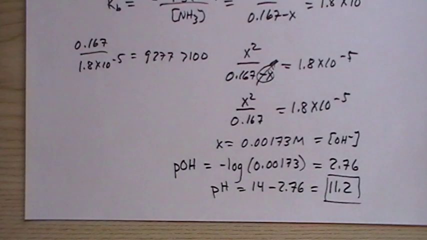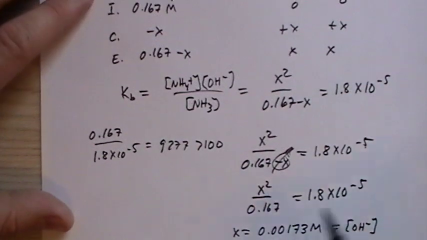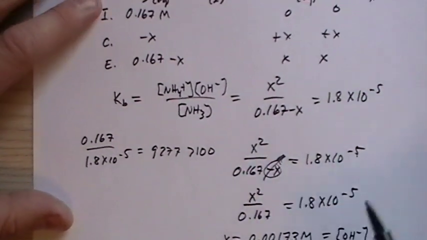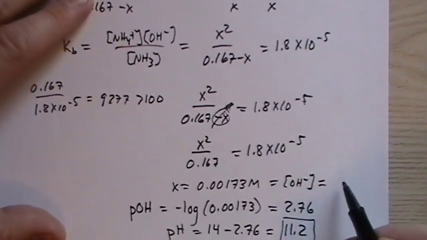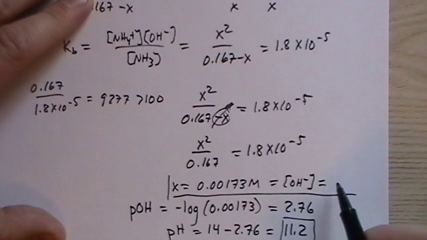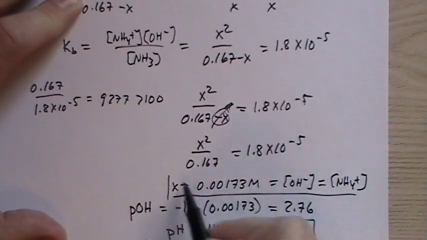Okay, anything else? And then the equilibrium concentrations, I wanted all of those, so we know that the concentration, just put it over here, so we have OH minus, and it's also the concentration of NH4 plus.